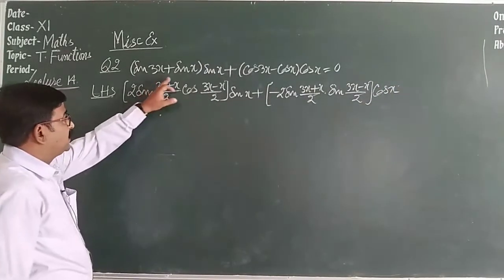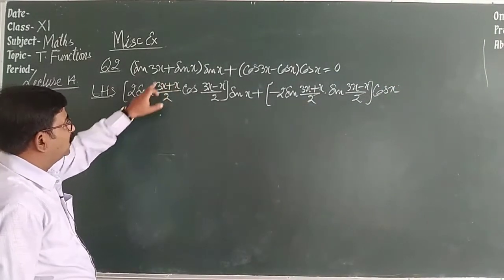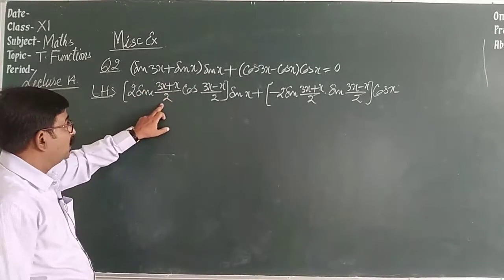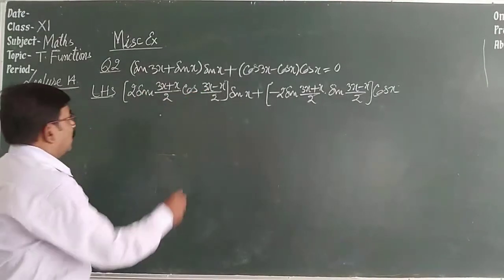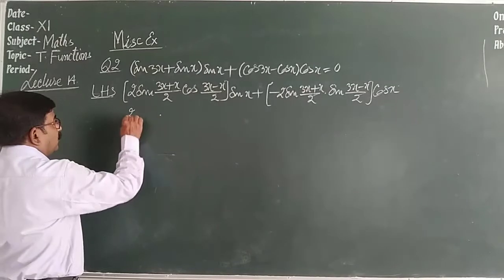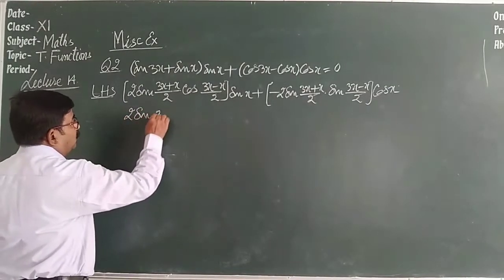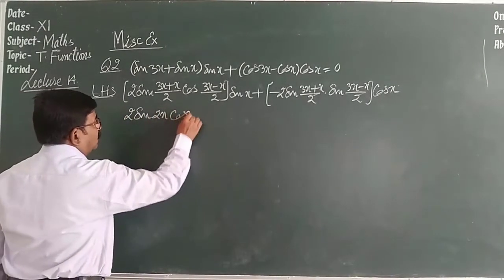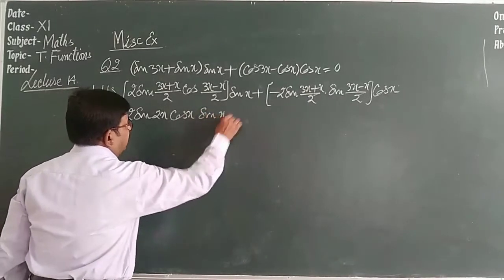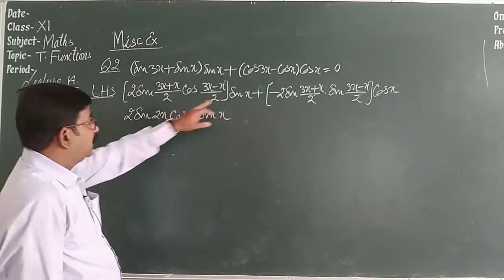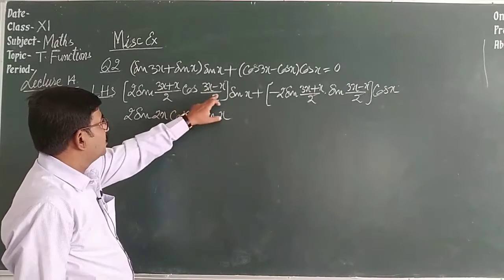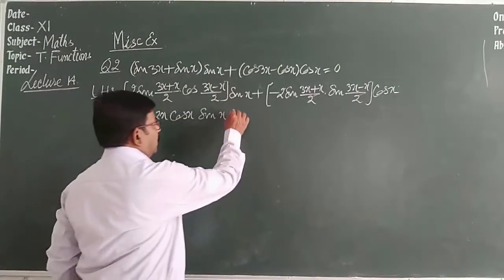Simplify. 3x plus x by 2 is 4x by 2, which is sin 2x, here cos x, and what we have is 2 sin 2x cos x sin x. Try to understand: here this sin x, this is cos x and this is sin 2x.